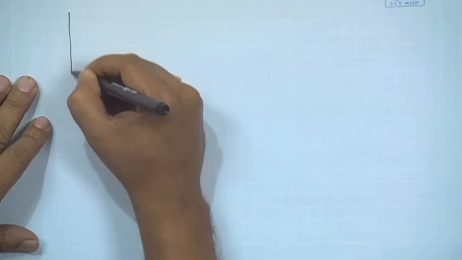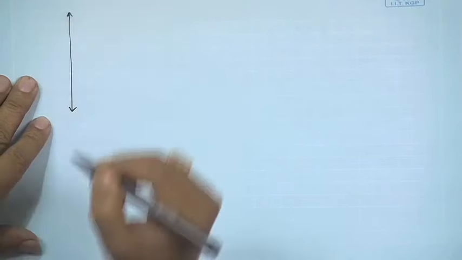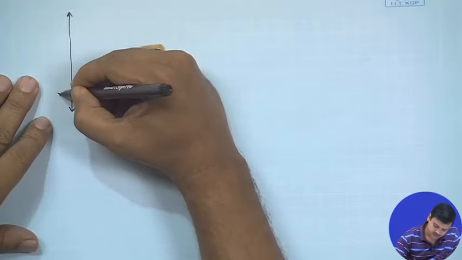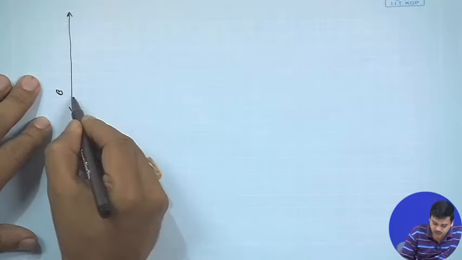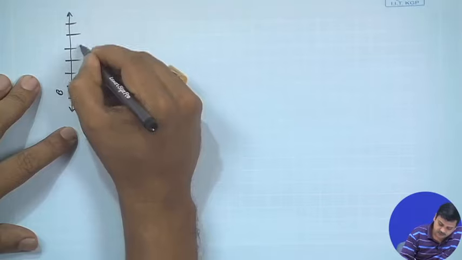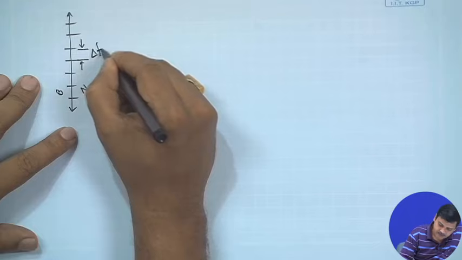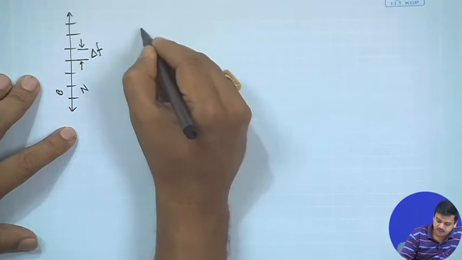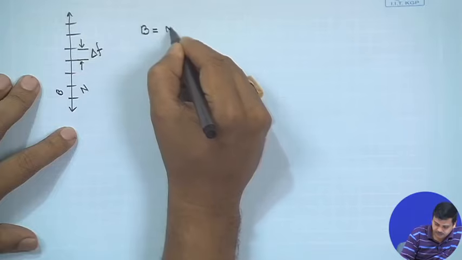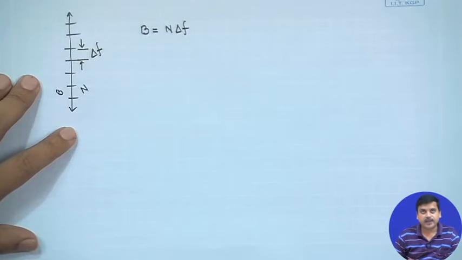We could do a similar thing in the frequency domain. Suppose you have a bandwidth B in total, then you could split up the bandwidth into n parts, and you could say that each of these small sections of the frequency has a bandwidth of delta f, and then B is equal to n delta f.